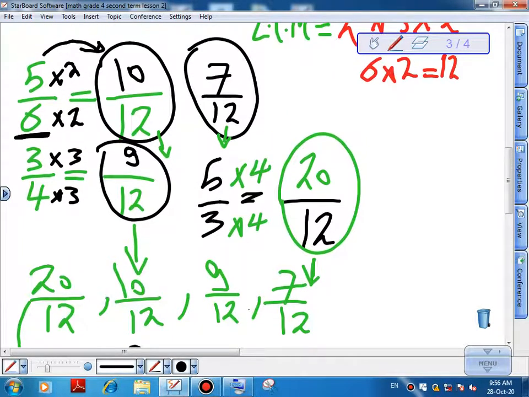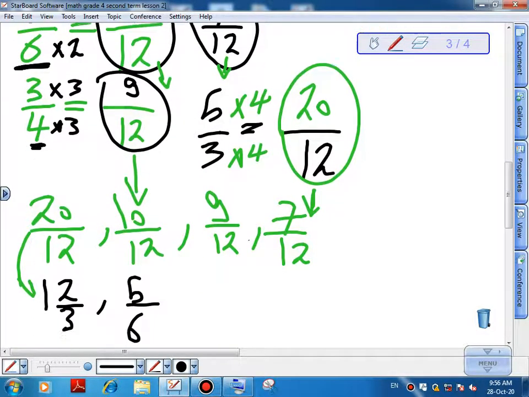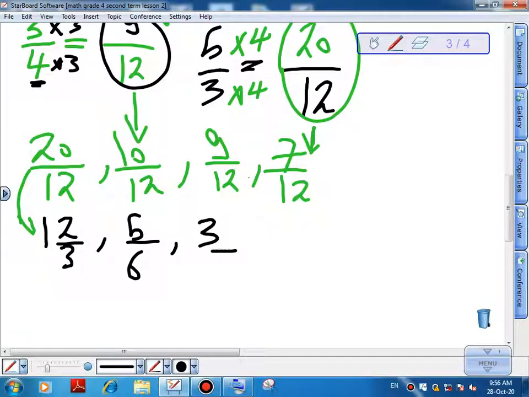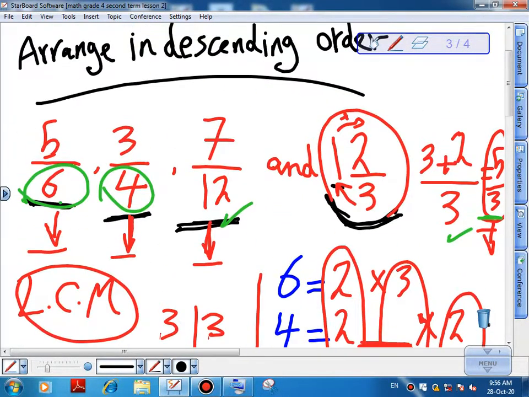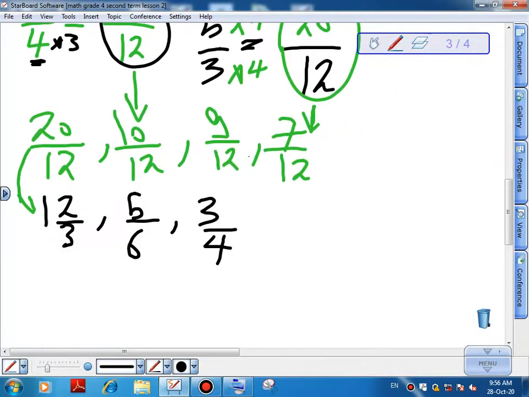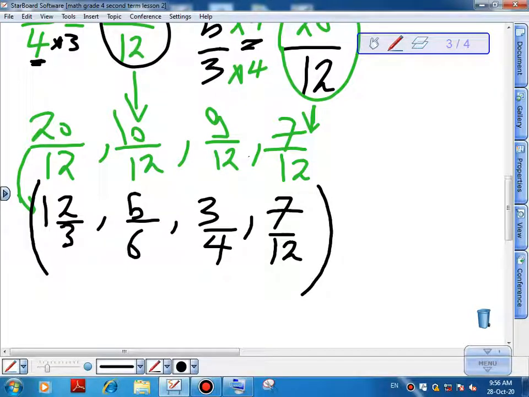And 9 over 12 was 3 over 4, and the last one, 7 over 12. In the question, it was 7 over 12. We don't do anything to this fraction. This form is the descending order.